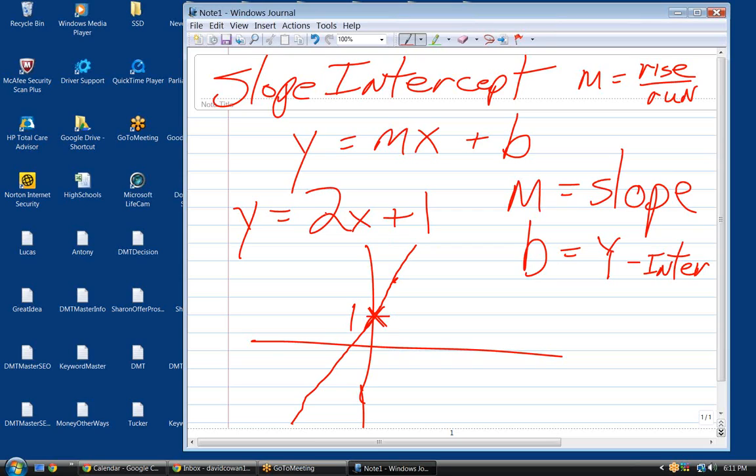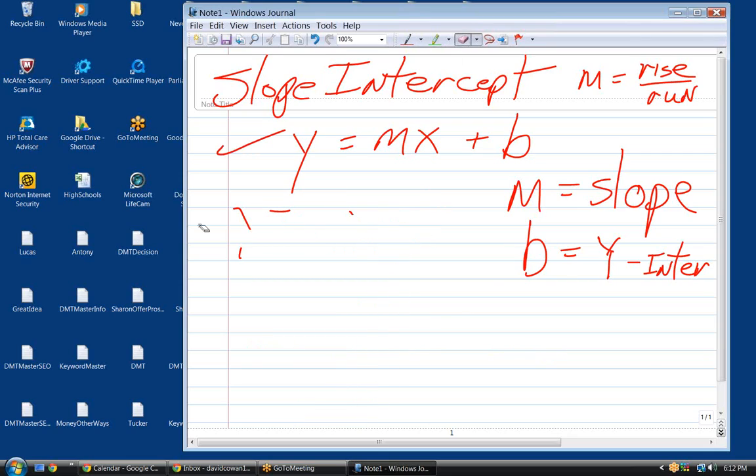If that slope would have been 3, I would have gone up 3 and over 1. If that slope would have been 3/2, I would have gone up 3 and over 2. So slope-intercept is the standard form, and once you know the slope and the intercept, you can graph it.